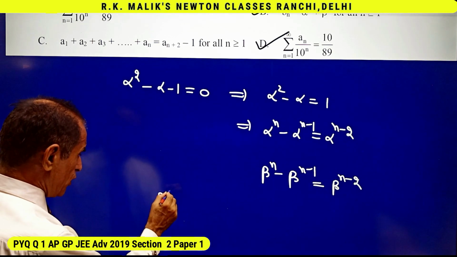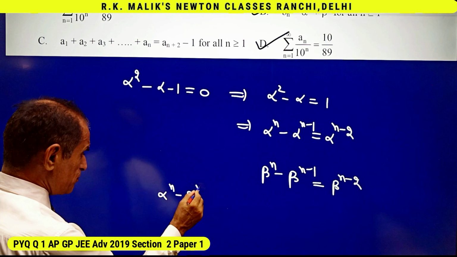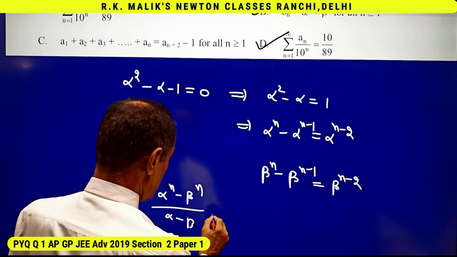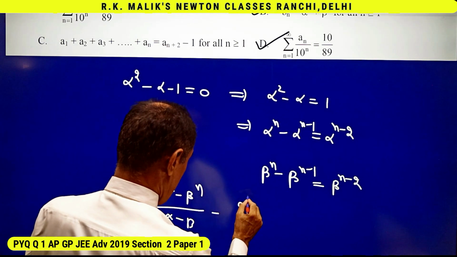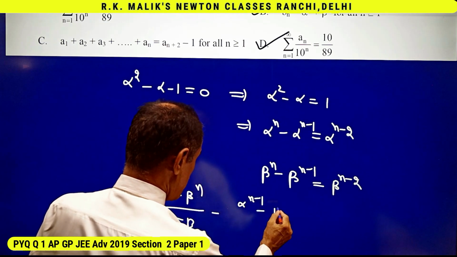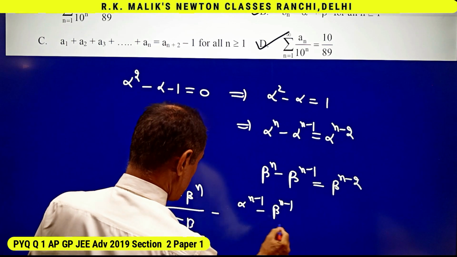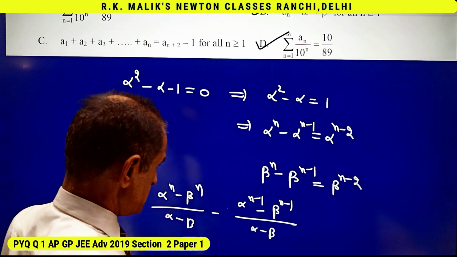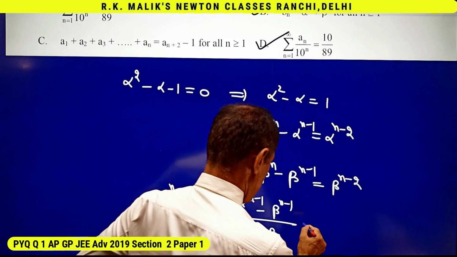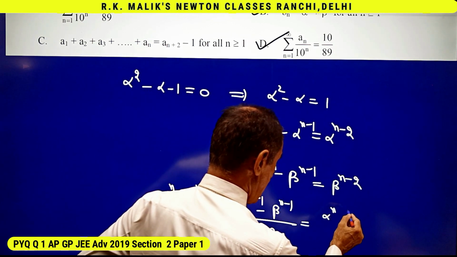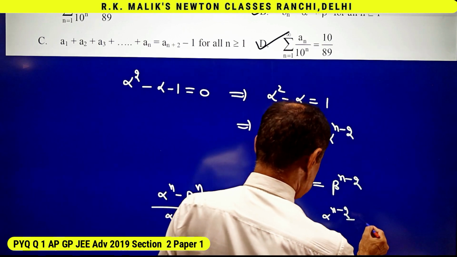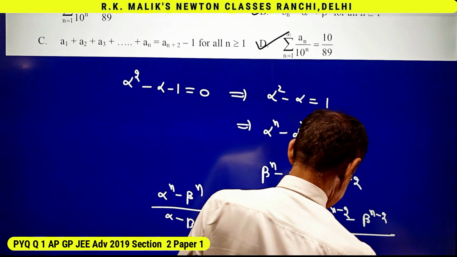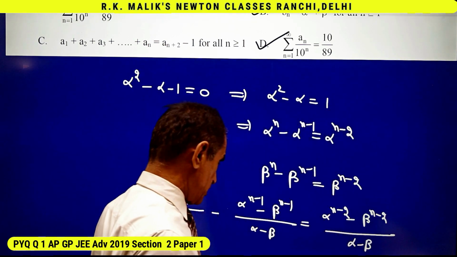I'll be getting alpha to the power n minus beta to the power n upon alpha minus beta, minus alpha to the power n minus 1 minus beta to the power n minus 1 upon alpha minus beta, is equal to alpha to the power n minus 2 minus beta to the power n minus 2 upon alpha minus beta.